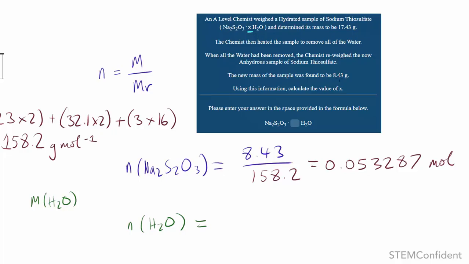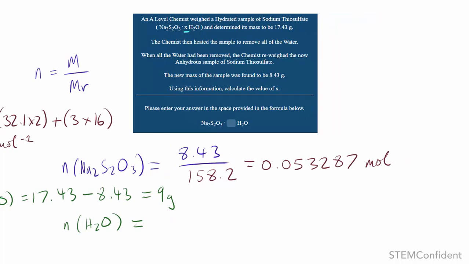This is the mass of Na₂S₂O₃ without H2O. So if we want to figure out the mass of the H2O, all we need to do is get the 17.43, the hydrated mass, and subtract from it this component, which amounts to 8.43. And so that's going to be 9 grams.